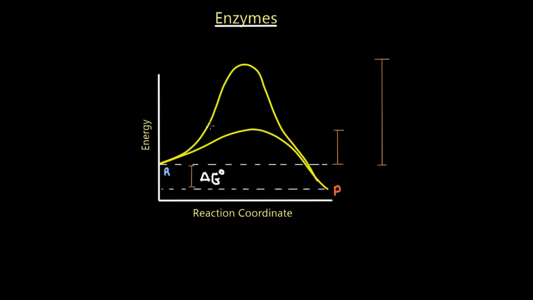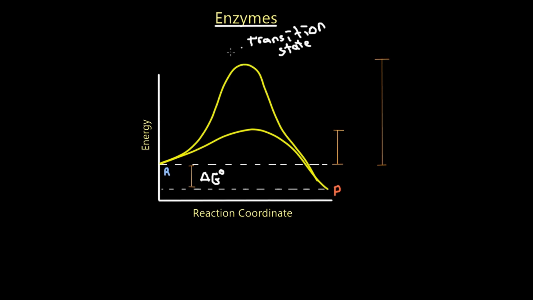In order for the reactants to become the products, they must undergo a certain state, and this state is called the transition state. In the transition state, the reactants become something between a reactant and a product.